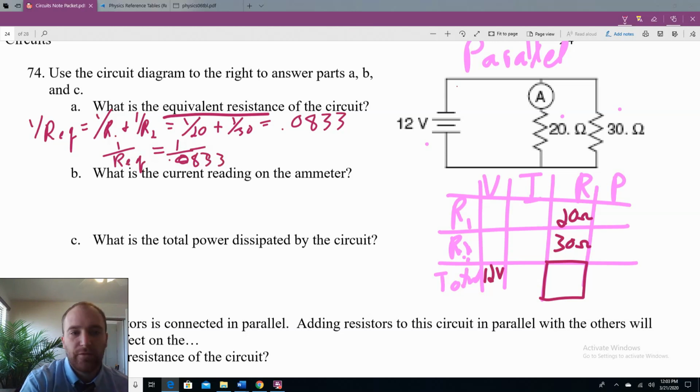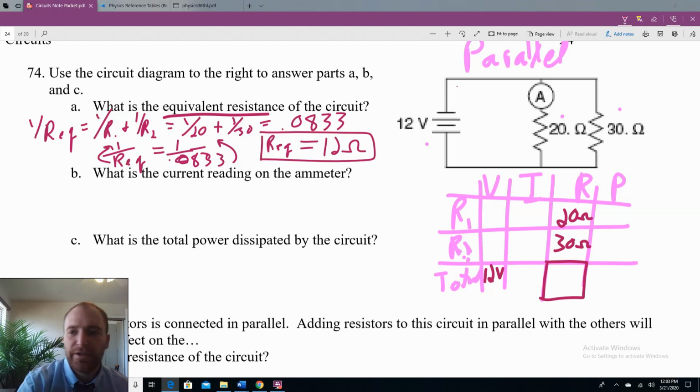So our last step will be to flip the two sides. I'm going to put the REQ on top, and then the 0.0833 on the bottom. REQ over 1, which is just REQ, the equivalent resistance, is equal to about 12 ohms.